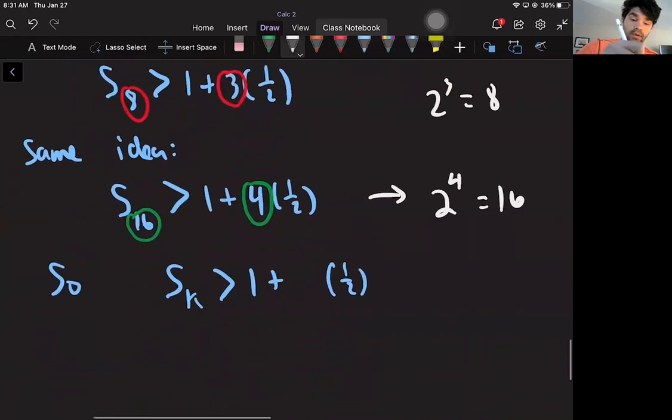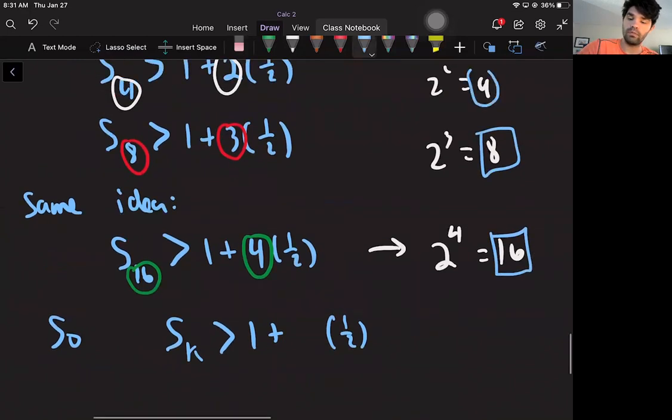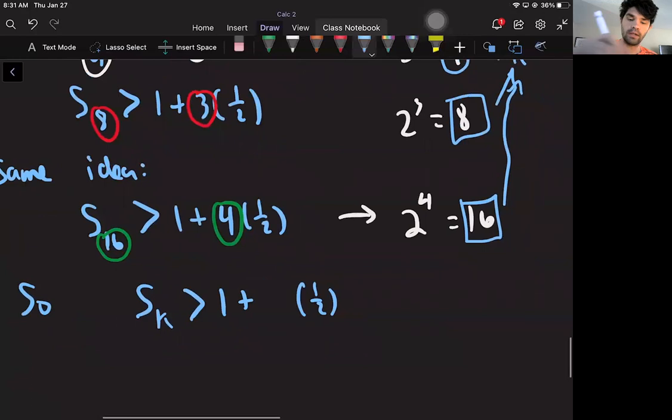So I actually don't have a formula for SK unless K is a power of 2. So these are different Ks. But I can only do it if it's a power of 2. So I'm just going to change K to a power of 2, 2 to the I, or whatever letter you want, because then an I is what goes here.